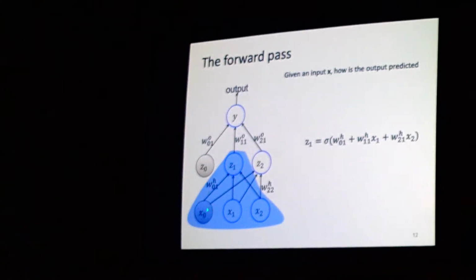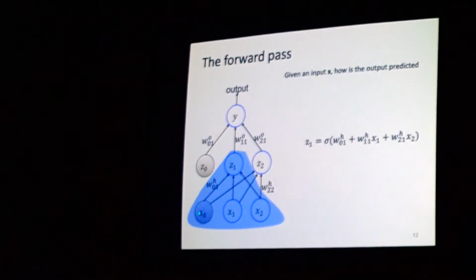As we mentioned before, we just do a linear combination of all the neurons in the previous layer connecting to Z1. So we multiply X0 by W01H, the weight on the edge connecting X0 and Z1.